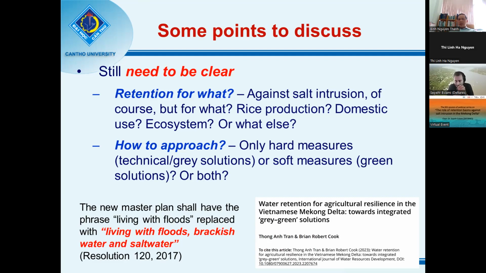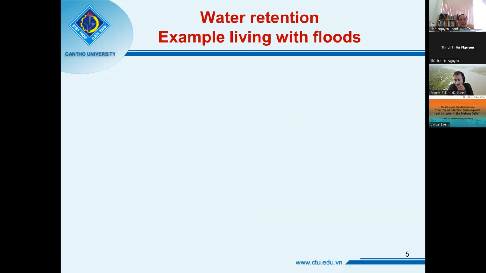This was just published by Dr. Thanh about water retention, in which his argument is for an integrated gray-green solution rather than only technical things. So then, there are some examples from the Mekong Delta of water retention in terms of living with flood.